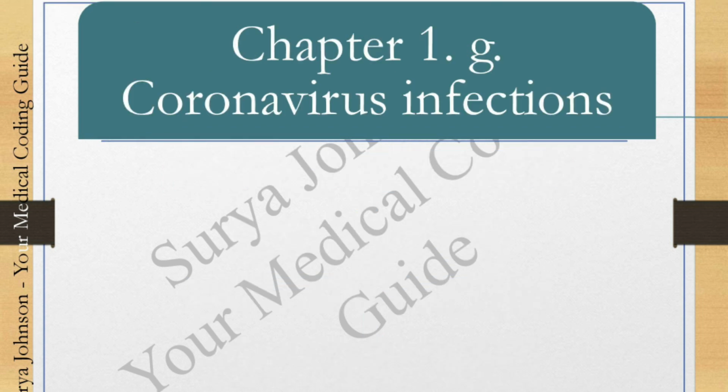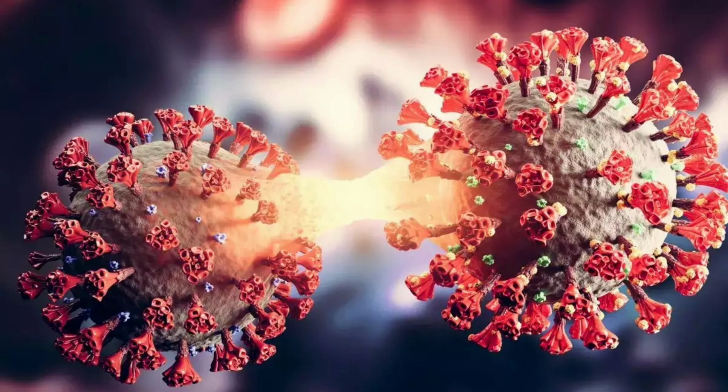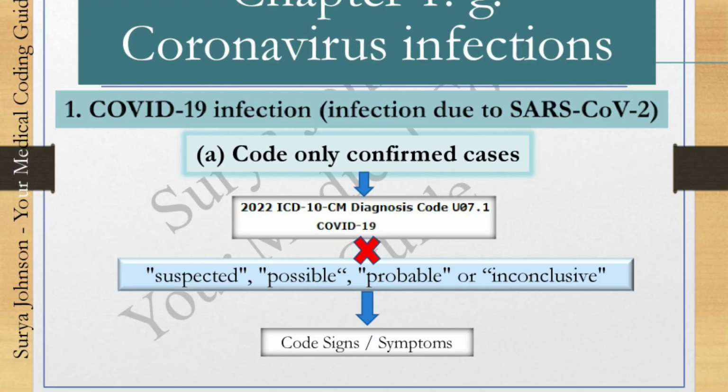Next, we will move on to the popular guideline of the current years, chapter 1G, coronavirus infection. Number 1, COVID-19 infection due to SARS coronavirus 2. The first point is to code only confirmed cases. It applies to all disease conditions or infections. So if the patient has a confirmed coronavirus infection, then you will be coding U07.1, which is COVID-19.